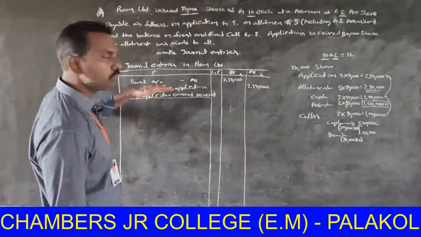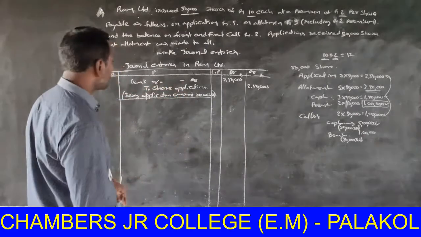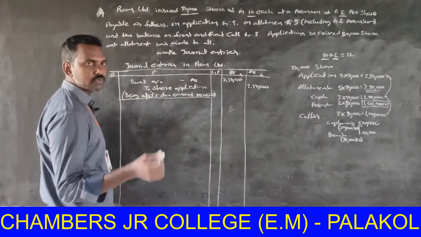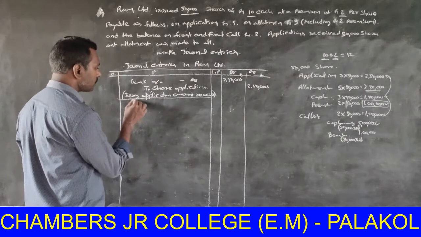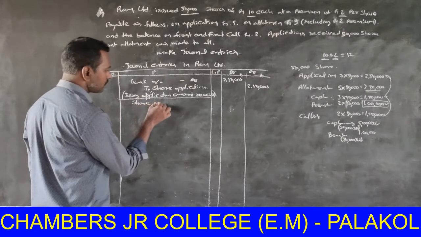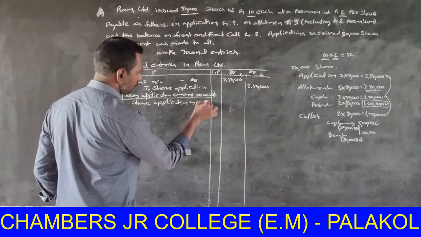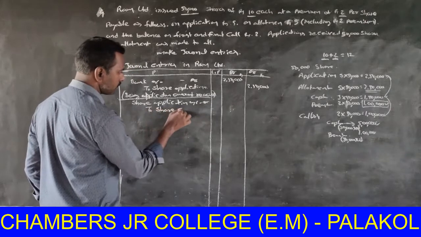This application amount is transferred to share capital account. Now the journal entry, when application money is transferred to share capital account, is share application account debtor to share capital account.